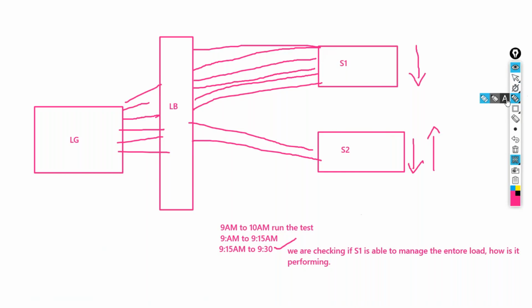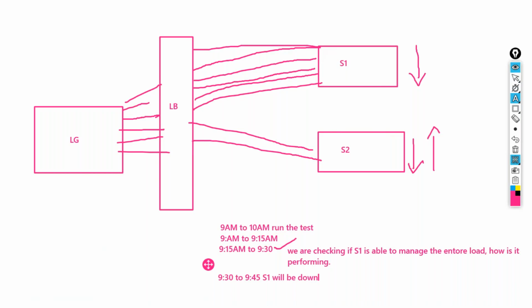From 9:30 to 9:45 server 1 will be down, and we are checking whether server 2 is able to take the complete load. How is it performing, what are its CPU and memory utilization, and what response times are we getting for that duration.